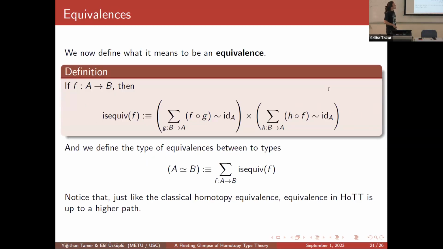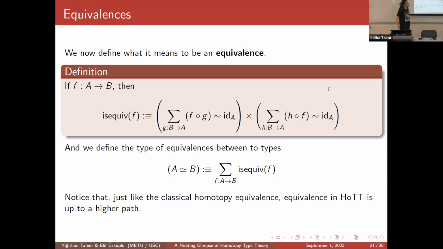Now, we're going to introduce the equivalence of types, but what is an equivalence? Well, it goes from a type A to another type B, and there are maps going from B to A, the other way around, such that when you compose, you get something homotopic to the identity, not necessarily equal. Remember, this is what I talked about in the beginning, right?